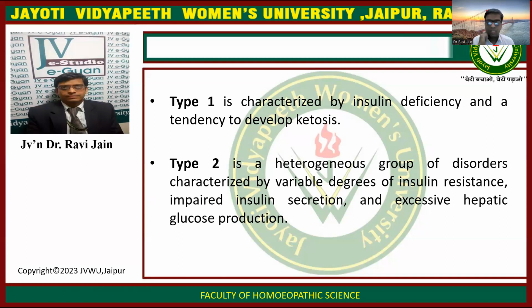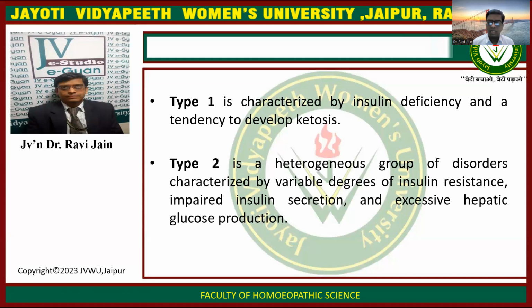In type 2 diabetes mellitus, there is a heterogeneous group of disorders characterized by a variable degree of insulin resistance, from mild to severe, impaired insulin secretion, and excessive hepatic glucose production.